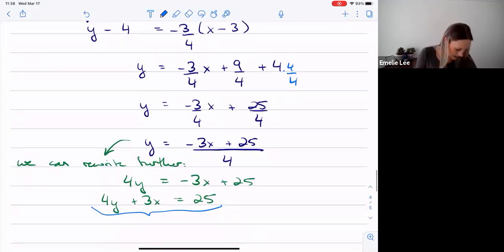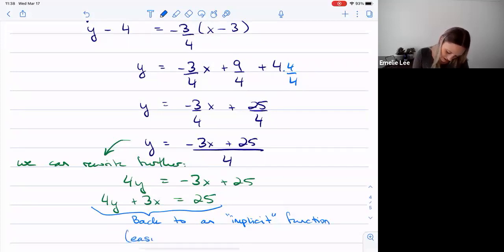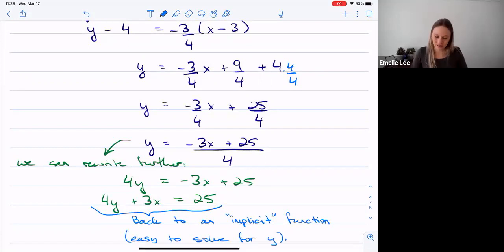So here, I'm just going to write, now we're back to an "implicit" function. I'm putting implicit in quotes because when there's just one y, I wouldn't really call it an implicit function, but it's easy to solve for y. In fact, we actually unsolved for y here when we took it further and further.